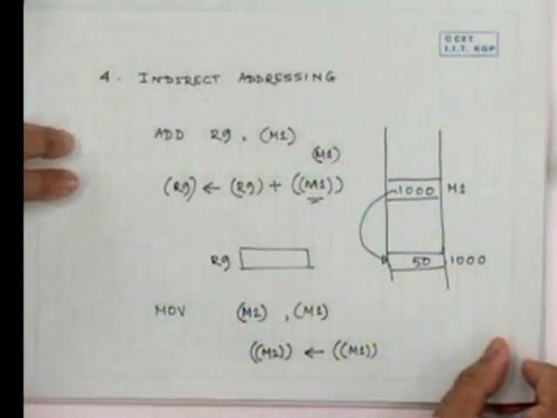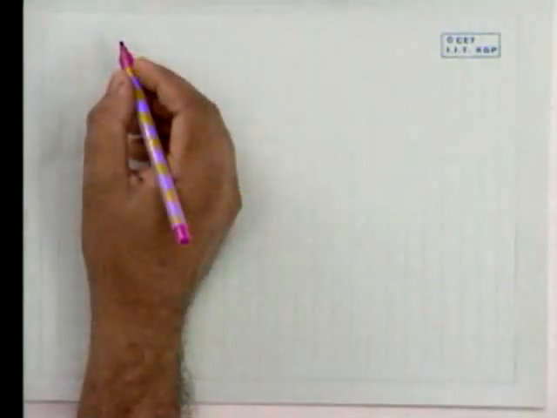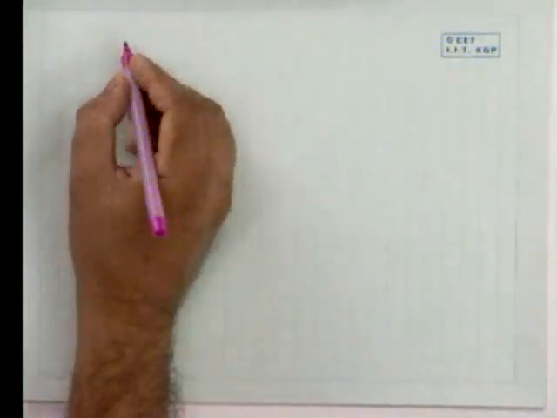This is our indirect addressing. Many times it is useful. Let's come to another addressing mode, which we call register indirect addressing mode.